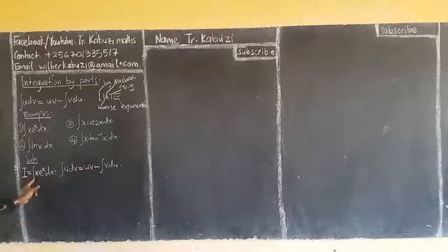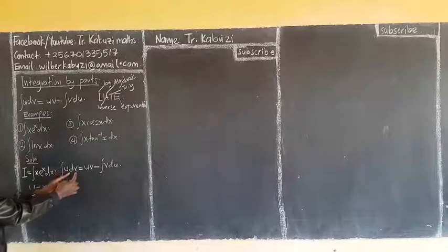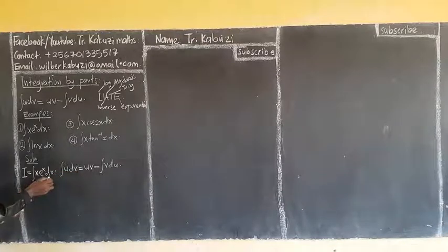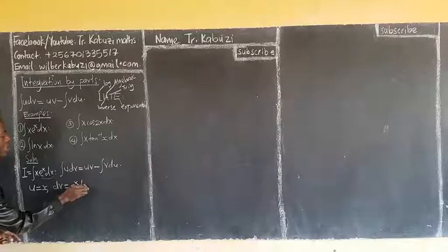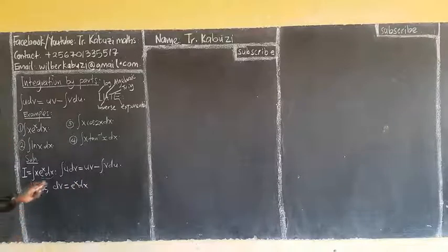So my u is going to be x. And then the remaining part is going to be dv, so dv equals e to the x dx. Now, in this formula, I need the u, which I already have.